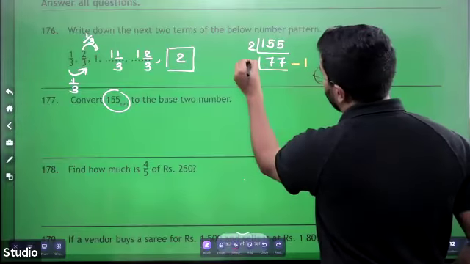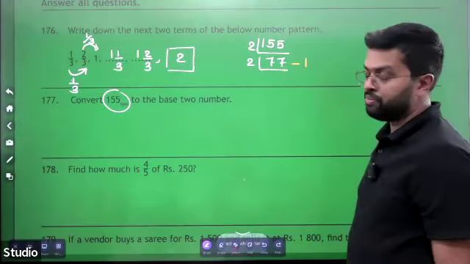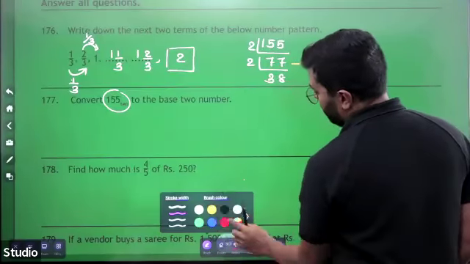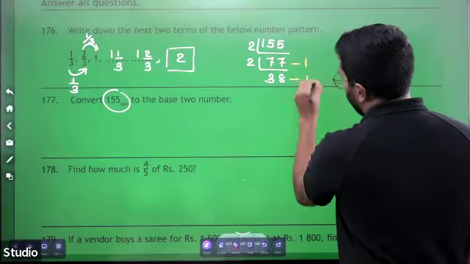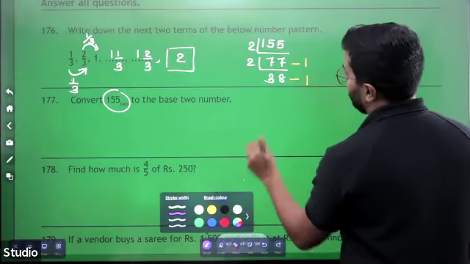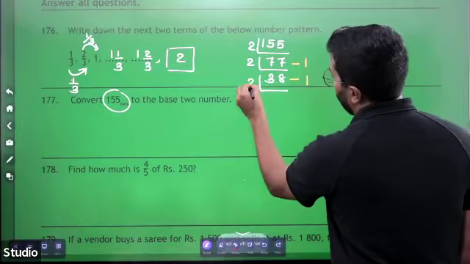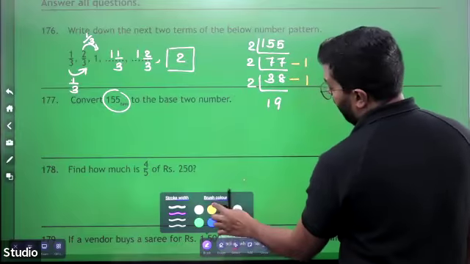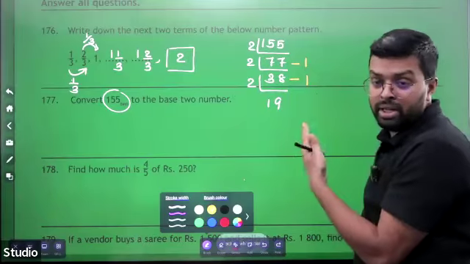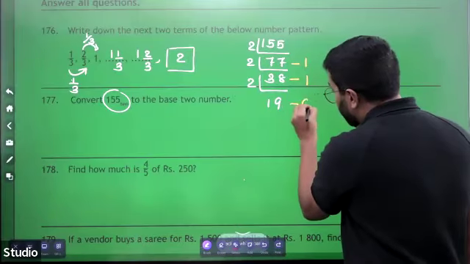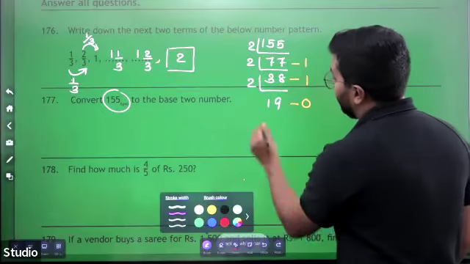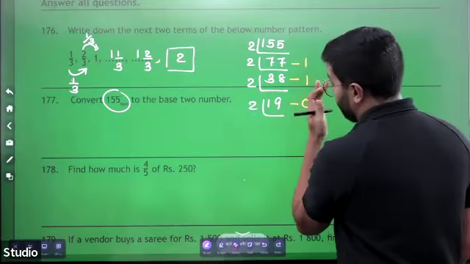Again dividing 77, the next value, by 2. 38. Tell me if I make a mistake, okay, because some of us get these wrong. Remainder is 1. 38 divided by 2. Answer is 19. We don't have a remainder, but we have to put that remainder value as 0. 19 divided by 2.